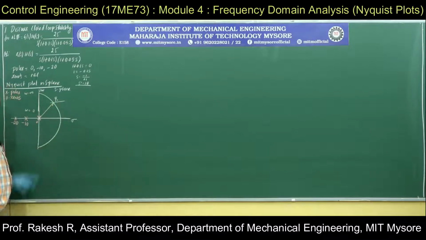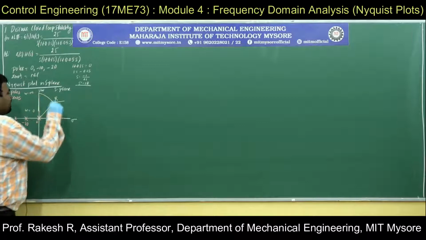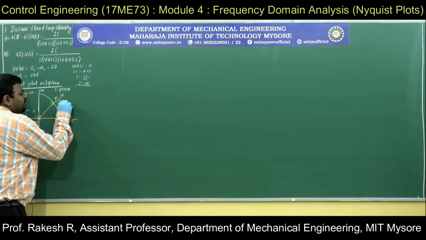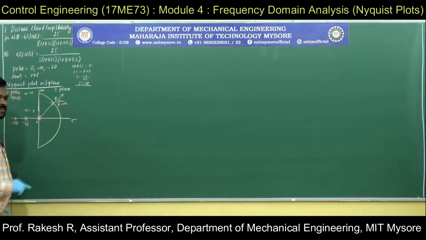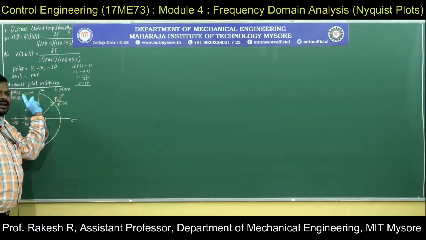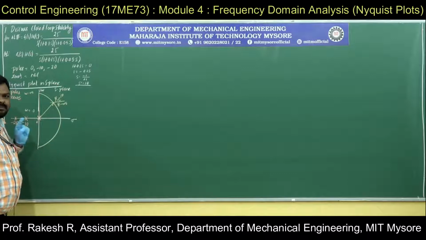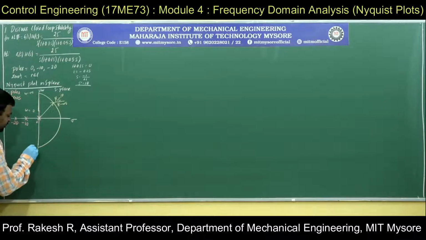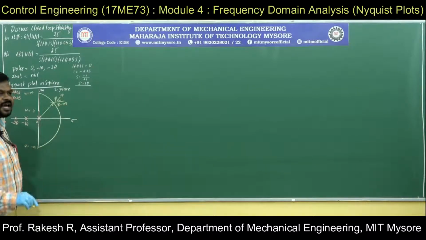I need to define a function since it is curvilinear: r e to the power of j theta, where r tends to infinity. This means I am searching the entire right half of the S-plane for any poles or zeros. Then I will go to minus infinity, so here omega is equal to minus infinity, and I will search the entire negative imaginary axis.